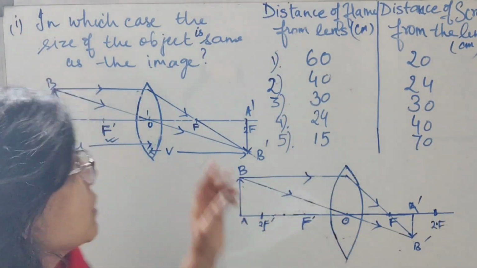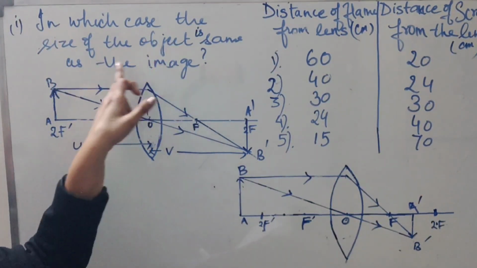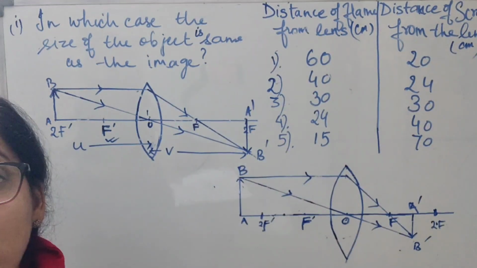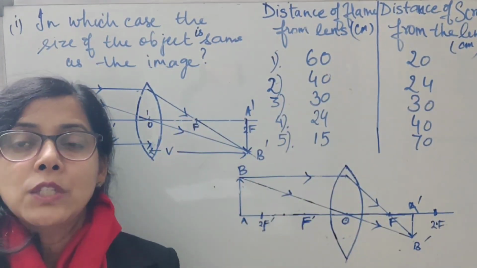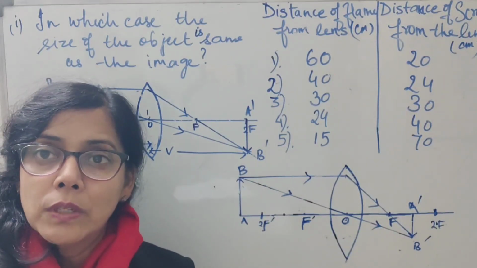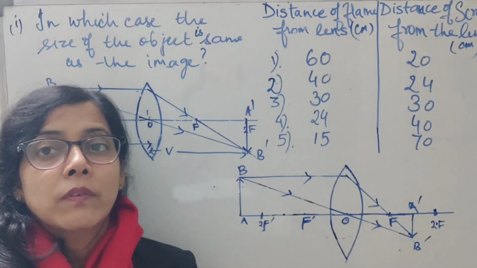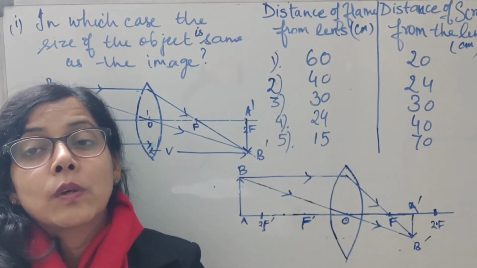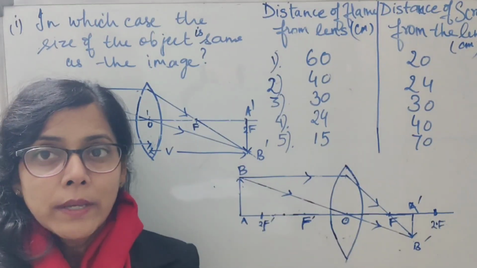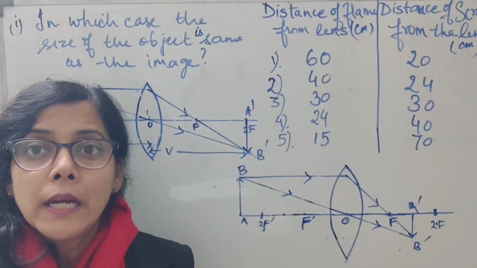Now the first question says, in which case the size of the object is same as the size of the image. We have to find out among these 5 the case in which the size of the object is equal to the size of the image. If you have done the ray diagrams of convex lens, then there is one case where when the object is placed at 2f dash, then the image is formed after refraction at 2f.